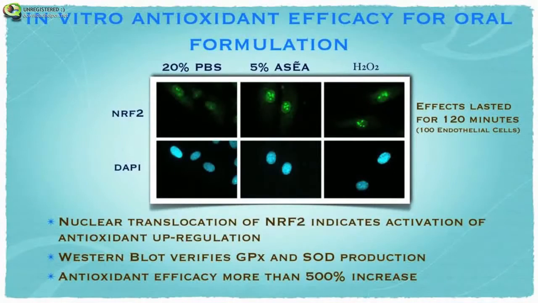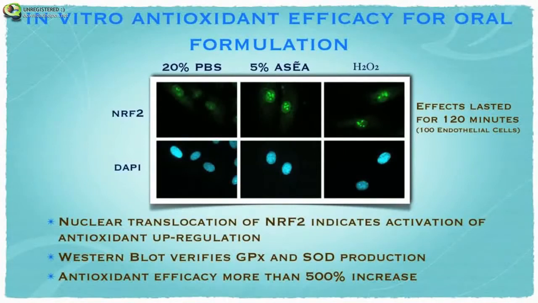So here, the pictures show this. Using a standard Western blot analysis, cells exposed to ASEA activated the nucleus to call for an increased production of these antioxidants. This was measured by looking at transcription factors like NRF2 and DAPI. These were dramatically affected, and there was dramatic movement toward the nucleus, indicating increase in production. This effect lasted for more than 2 hours and was quite astonishing.